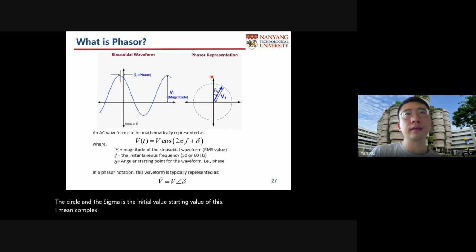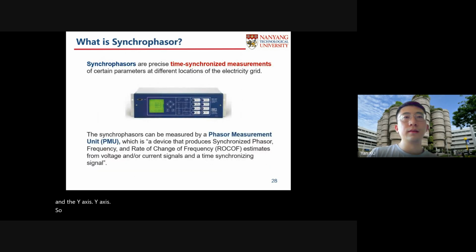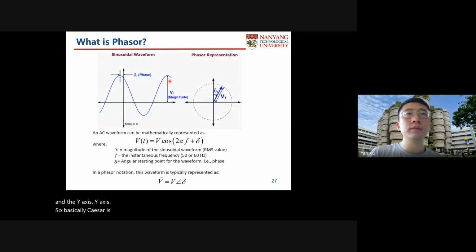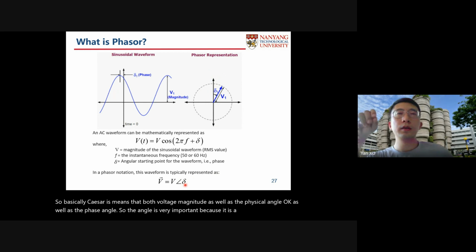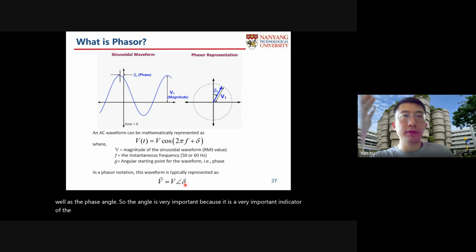It is the angle difference between this phasor arrow and the y-axis. So basically, a phasor means both the voltage magnitude as well as the phasor angle. The angle is very important because it is a very important indicator of the system dynamics.